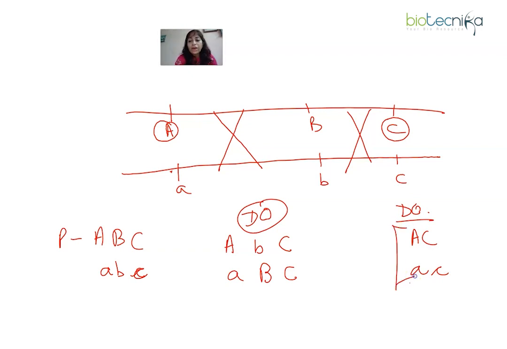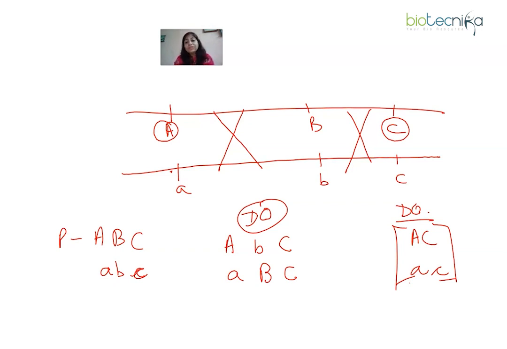Okay, so we will not be able to differentiate the double crossovers from the parental types, and therefore we will count more parental types, and more parental types will mean closer the distance is, closer the genes are placed together on the chromosome, means stronger is their linkage.